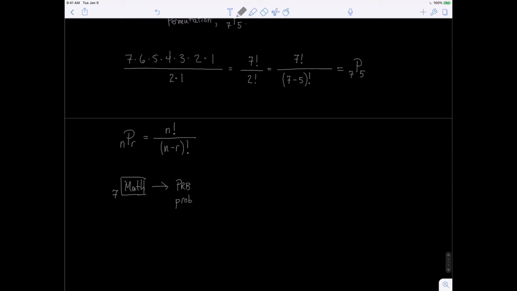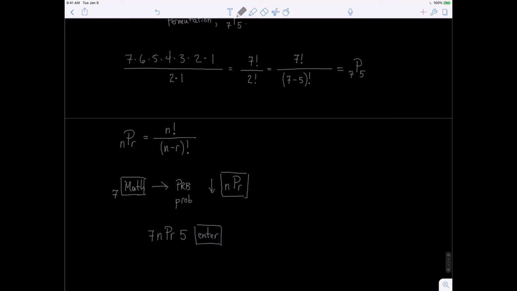Then you scroll down, and you'll see an nPr option. Scroll down to that and press enter. Now on your screen you'll see 7, and on the older calculators you'll see nPr, and then you type the 5 and press enter.